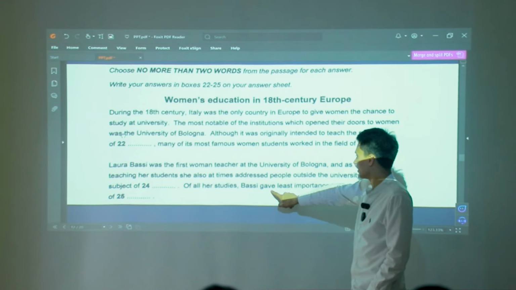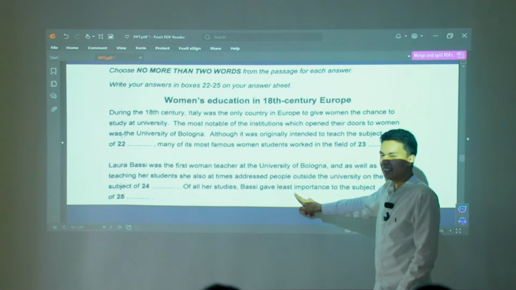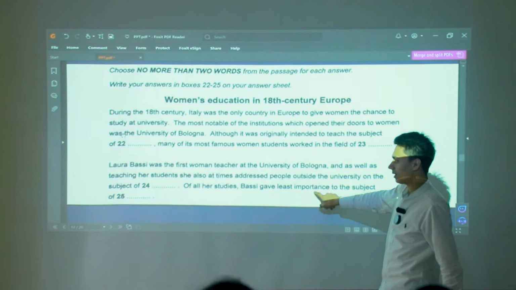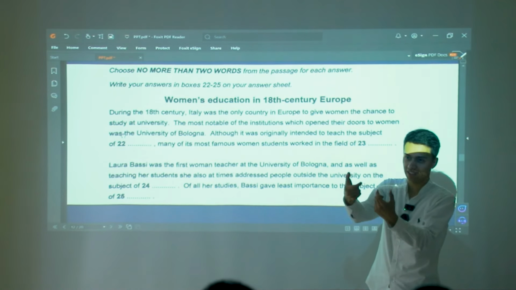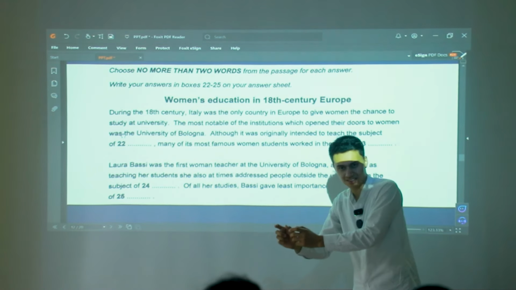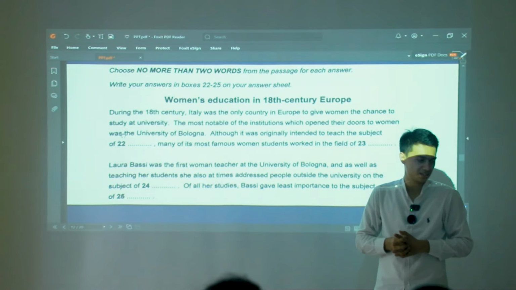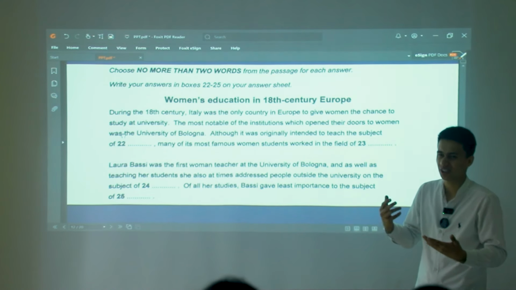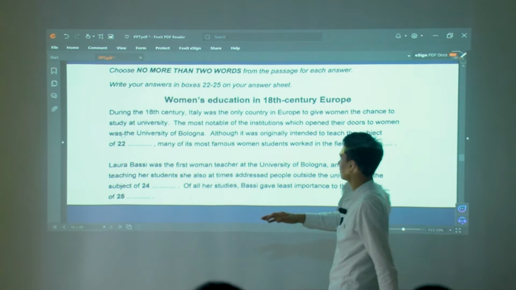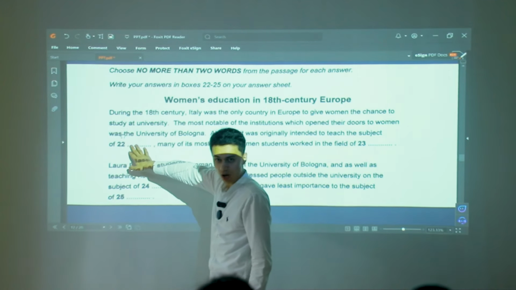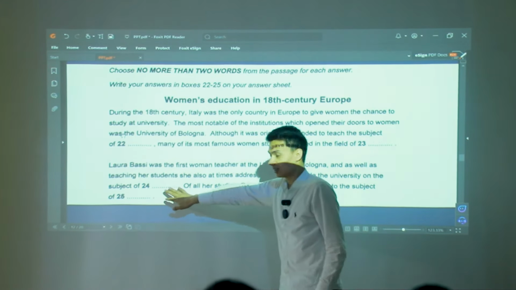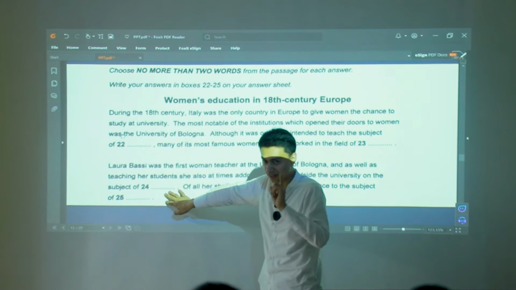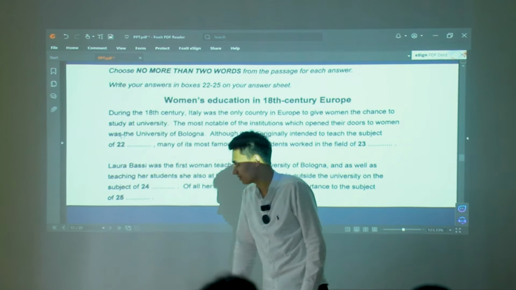Of all her studies, Bassi gave the least importance. What did she give the least importance to? Literature. She studied science and literature and only gave science truly valuable, so science. That means literature wasn't as important to her. So our answers are law, science, experimental physics, not physics, experimental physics. 25?